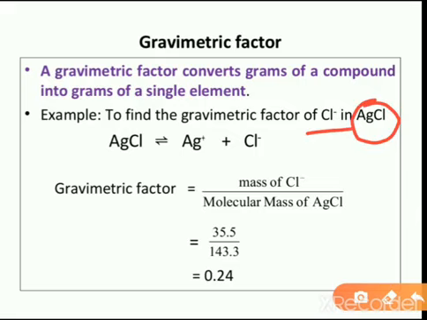So the molecular mass of silver chloride is in the denominator, and the substance to be estimated is in the numerator. The mass of chloride is 35.5, and the mass of silver chloride is 143.3, which gives the factor of about 0.24.